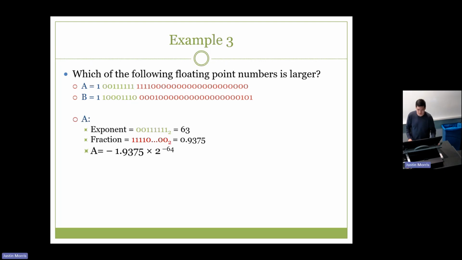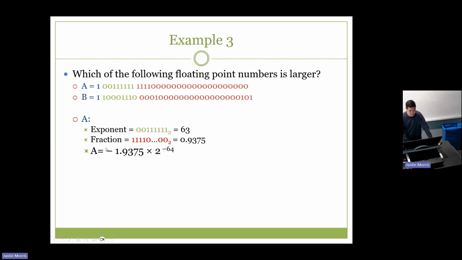So we convert A. We get the exponent is 63, so we subtract the bias. It's 2 to the negative 64. Because the exponent is going to tell us a lot about their relative magnitudes to each other, we can kind of ignore the fraction bits.